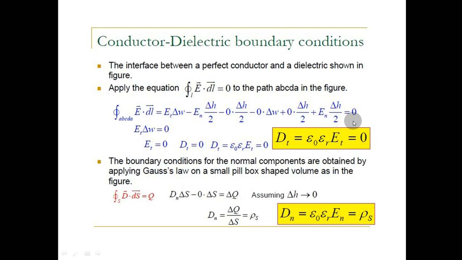From this equation, those terms cancel out, and we get Et del W is equal to 0.